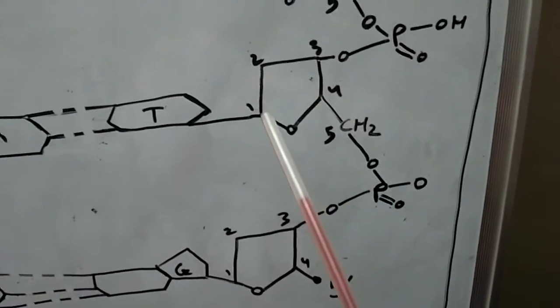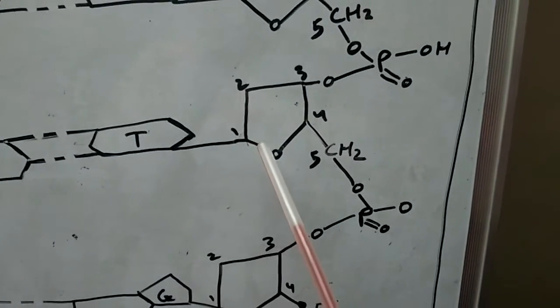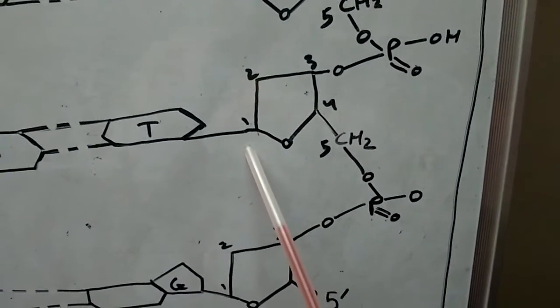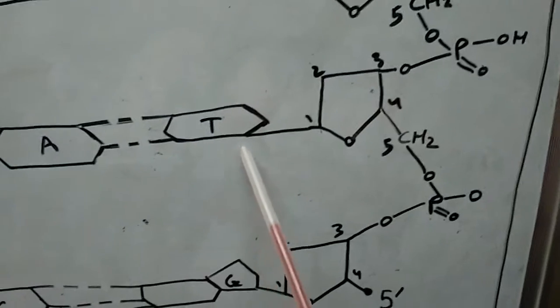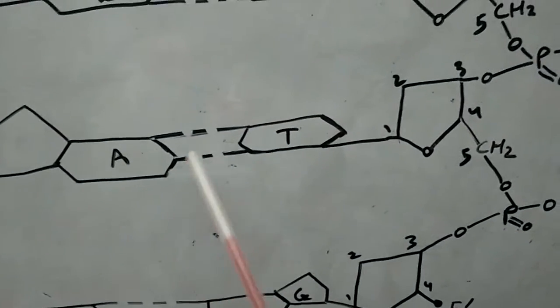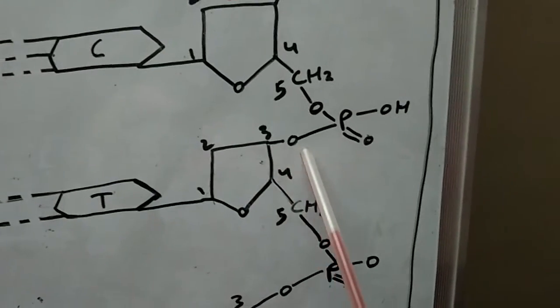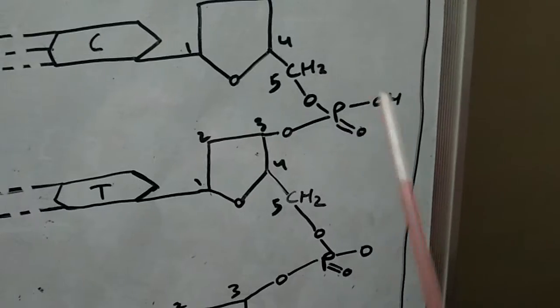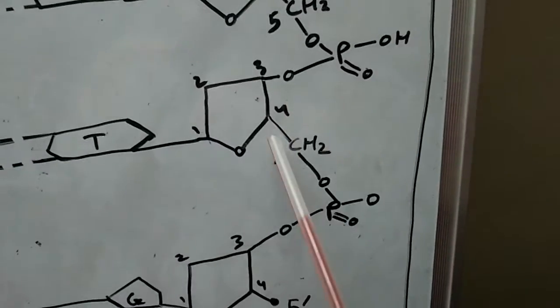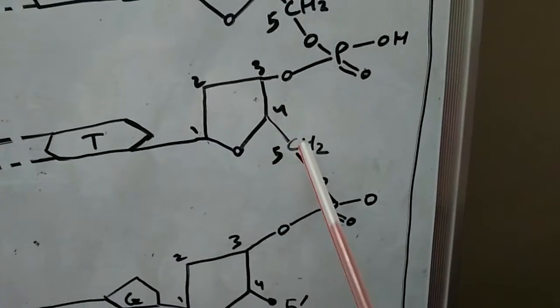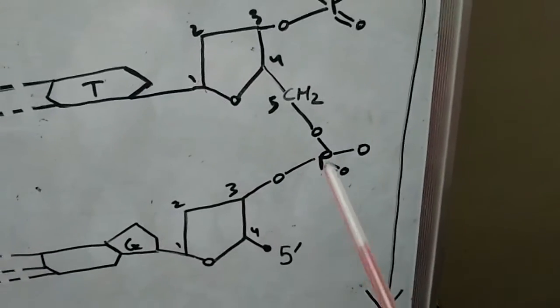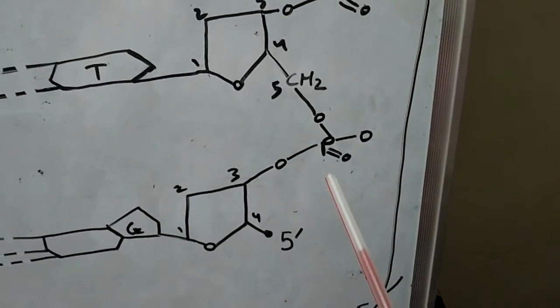Like this, on to our next sugar, we have carbon number 1, which is having thymine attached to adenine with 2 hydrogen bonds. Then carbon number 2, carbon number 3 having the phosphodiester linkage with phosphate group. Carbon number 4, carbon number 5, we have CH2 attached with phosphate group along with phosphodiester linkage.